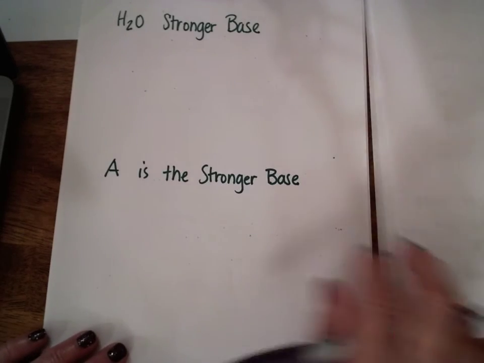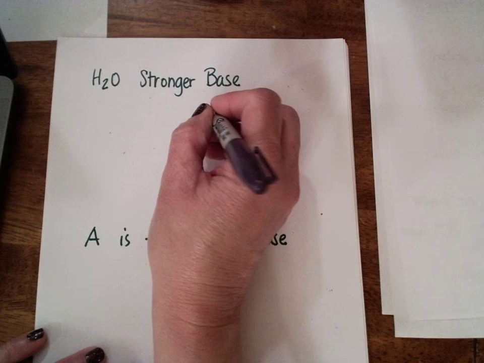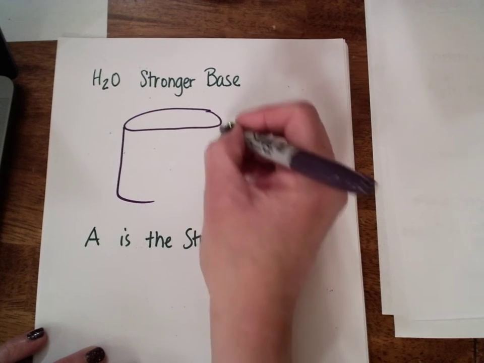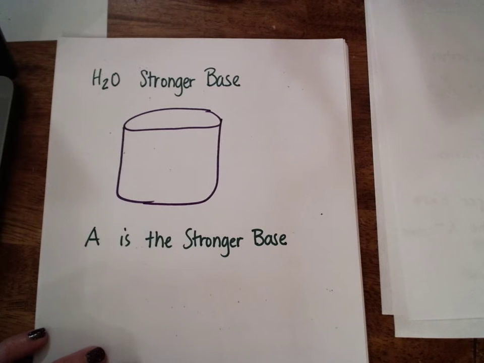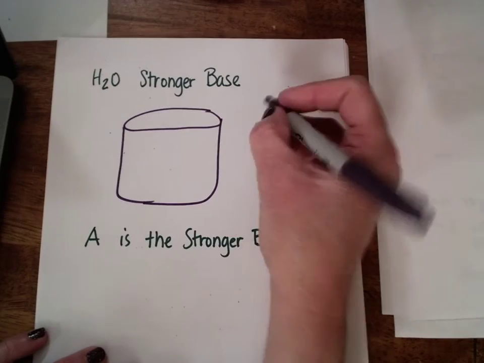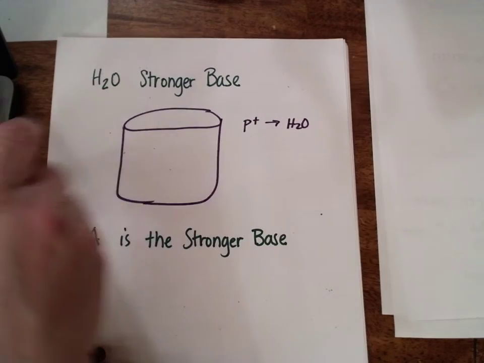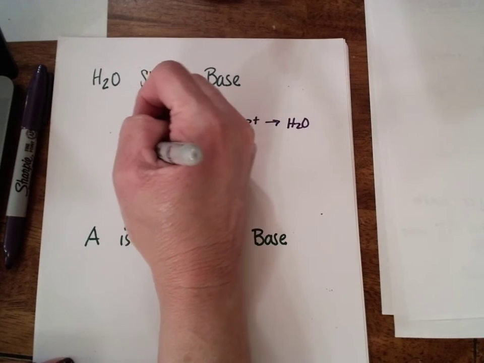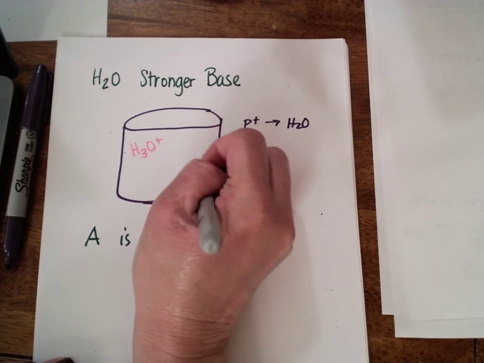So when I look at these things, and if you see them in a diagram, let's say they're in a beaker. If I have a strong acid, strong base, I'm going to end up with those protons being donated. H plusses are going to be donated to the water. So I'm going to end up in solution with hydronium ions floating around.